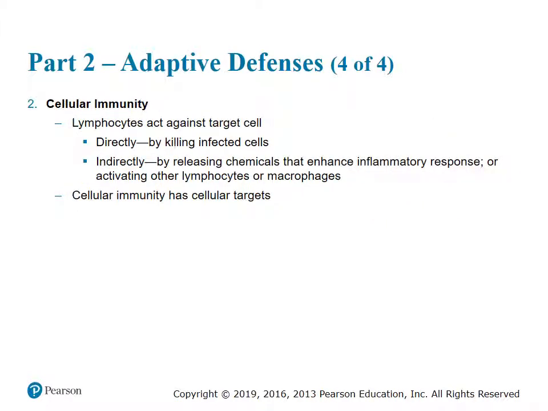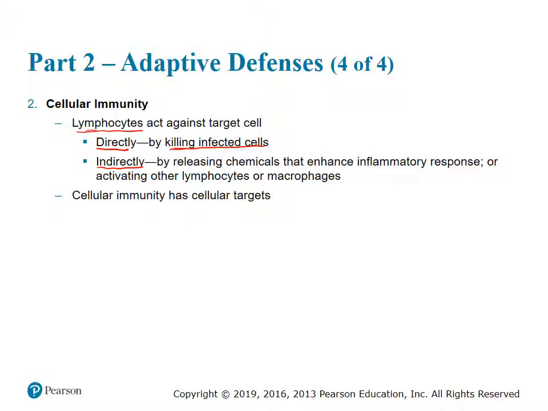Okay, and when we talk about cellular immunity, we're talking about the lymphocytes as well. And so how do these cells that we call lymphocytes do it? We can do it directly by attacking the cell itself, or indirectly. We kind of figured out directly how this works in part A, with phagocytosis, for example, some of these can actually undergo this.